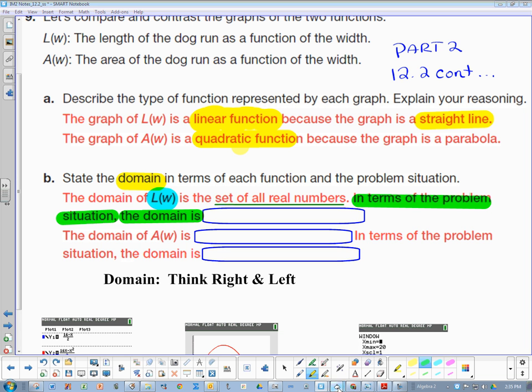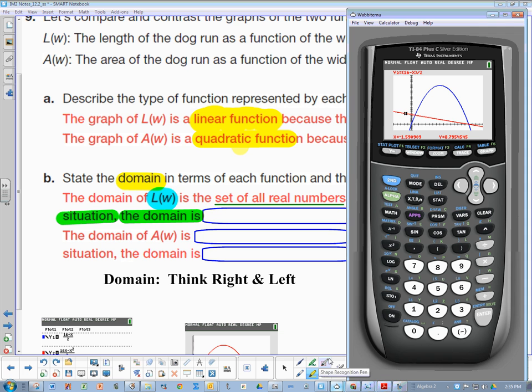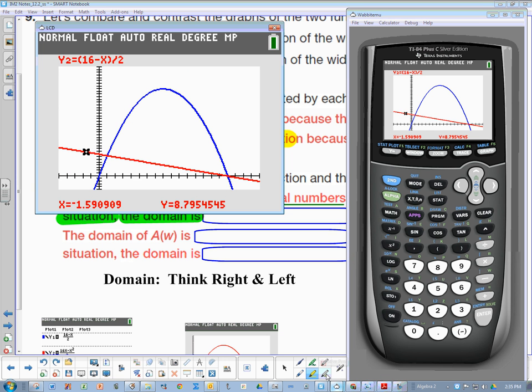So let's take out the calculator and let me show you what I mean. All right. How about in here? We're on the red line for now. I probably am not going to be able to go down here. Okay, that would actually give me a negative length. And over here would give me a negative width.